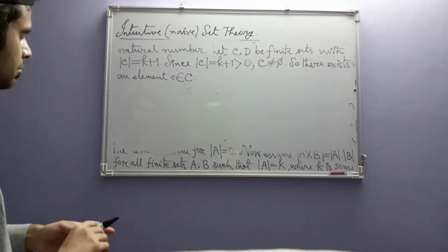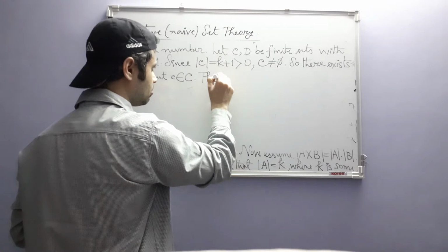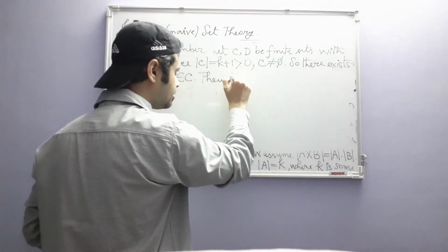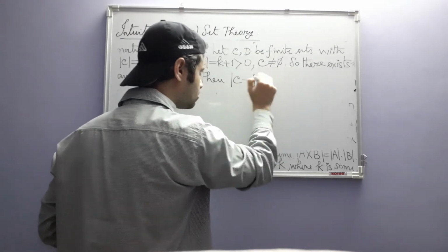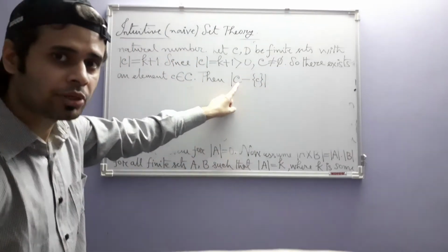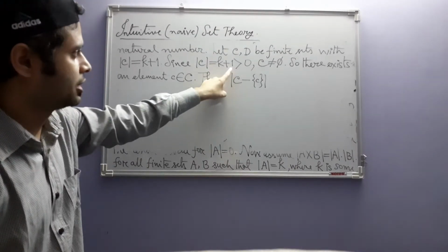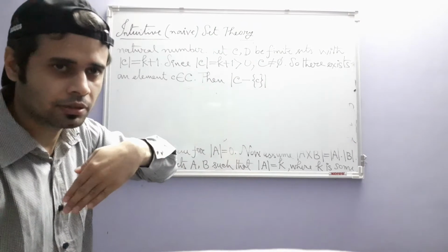Okay. Then, what is the cardinality of C minus {c}? Capital C has how many elements? k plus 1 elements. From that set, we are removing one element.